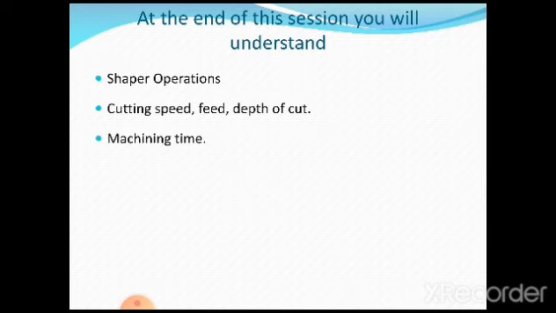We need to understand one important principle in the working of a shaper: the mechanism used is always called a quick return motion mechanism, because the return stroke in a shaper is faster compared to the cutting stroke, as we discussed at length in the previous session along with the sketches. Now in this session, we need to understand how the different operations are carried out in a shaper.